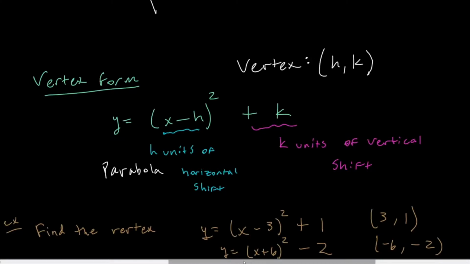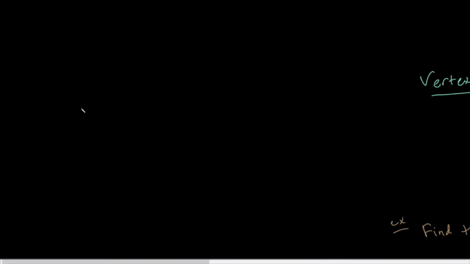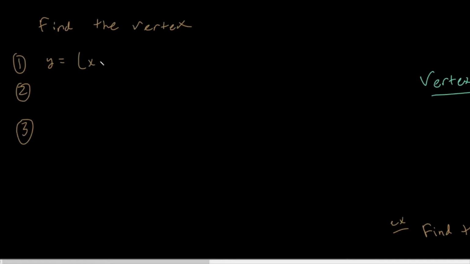Okay, let's try some of these. I'll give you a couple to try. Please find the vertex. So let's see, y equals (x minus 3) squared plus 7, y equals (x plus 5) squared minus 10, also y equals (x minus 2) squared minus 4.